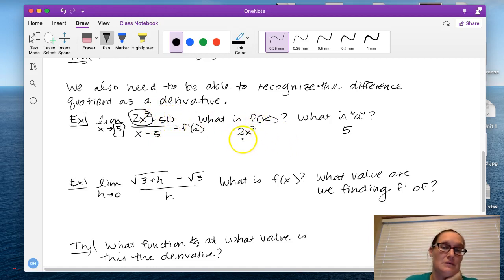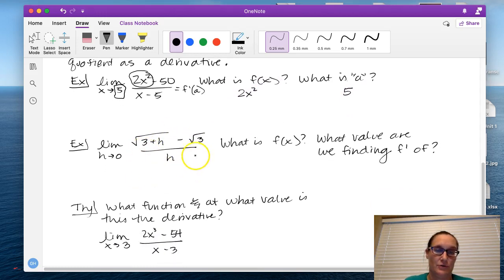This is typically the best you can do for f of x. It could have really been 2x squared minus 1. We don't know. It actually doesn't matter for the derivative. If you were finding this f prime of 5, it wouldn't matter whether you had a constant here or not. So it kind of doesn't matter. But you need to be able to pick out your f of x and pick out your a.